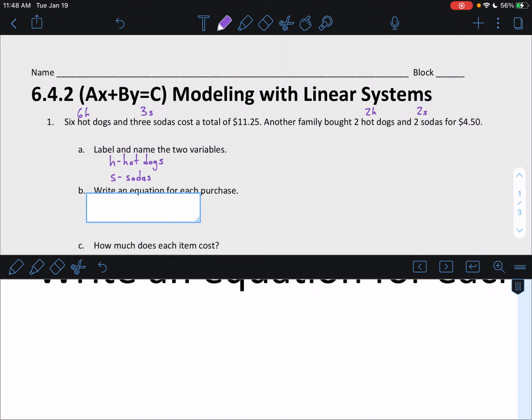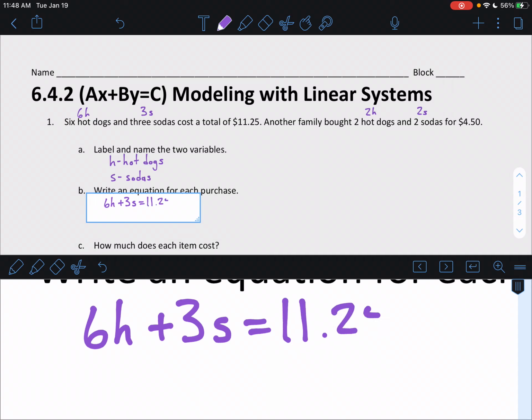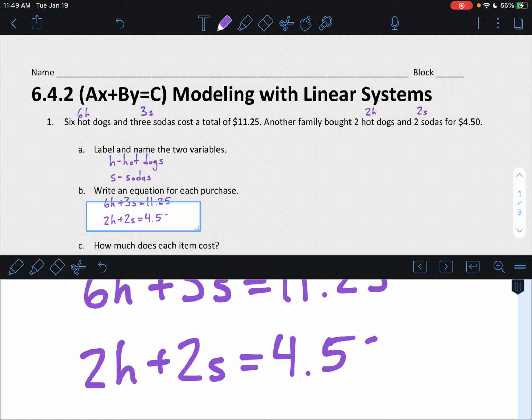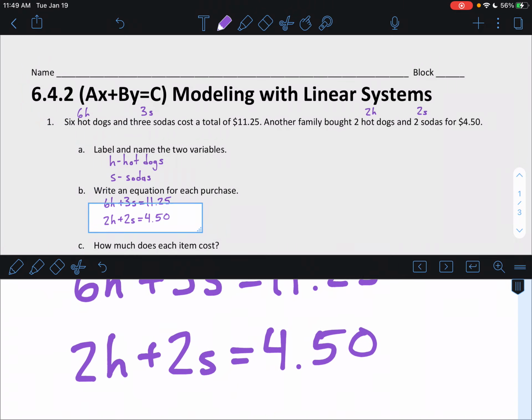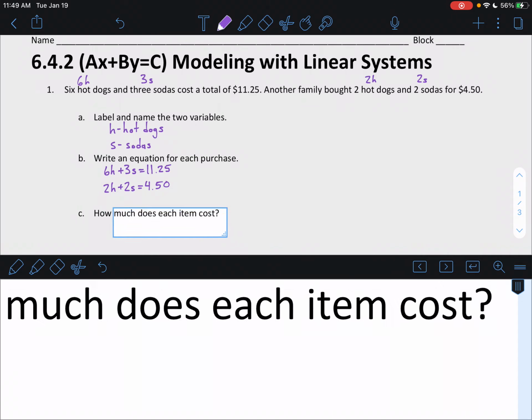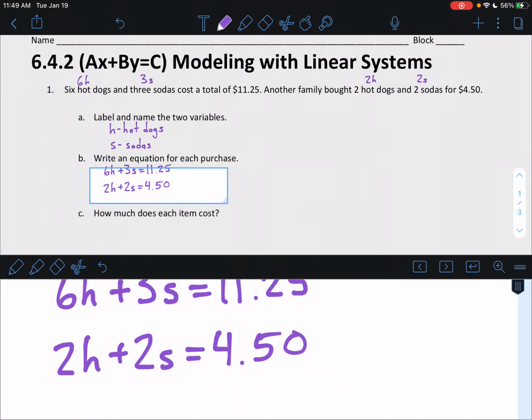So I'm going to have 6H plus 3S equals 11.25, and I also have 2H plus 2S equals 4.50. So those are my 2 equations. This is the first family, this is the second family. And then we want to determine how much each item costs. To do that, I just need to solve this system of equations. I know how to solve this system, or we should by now.